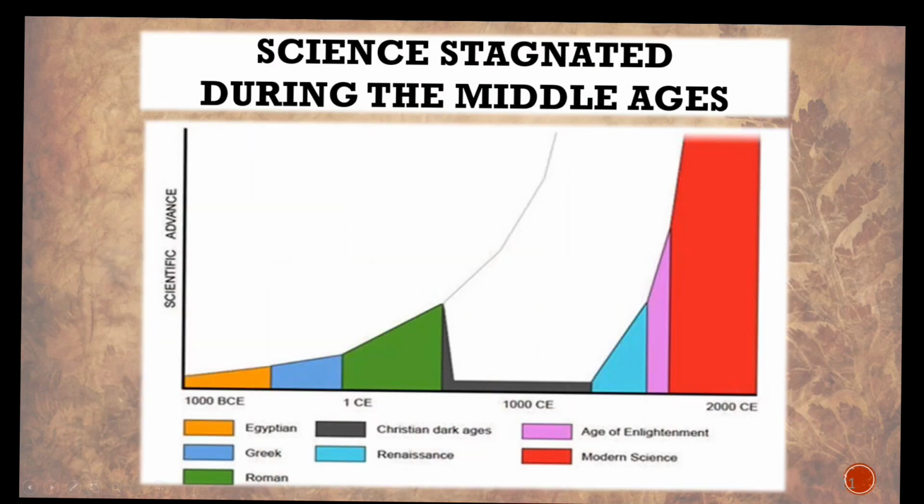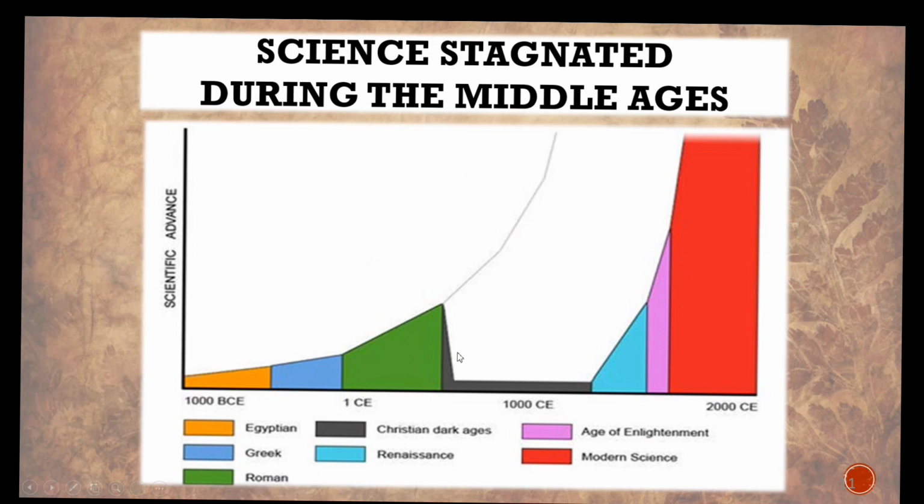As you can see in this graph, in 1000 BCE, during the Egyptians, the improvement of science is shown in orange. During the time of the Greeks, it is higher. Then it became even higher during the time of the Romans.